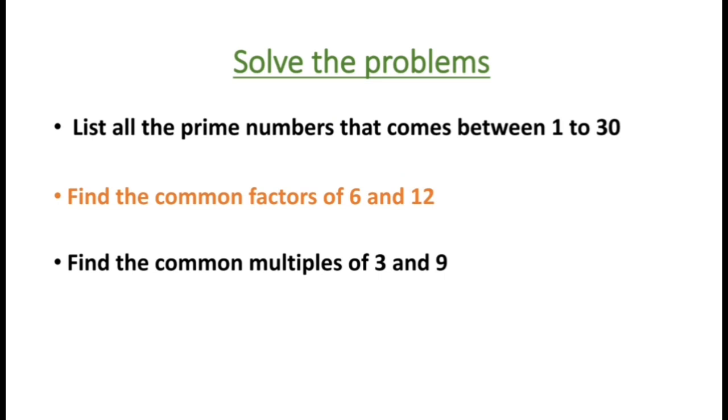In this video, we understood the meaning of prime numbers. 2, 3, 5, 7, 11, 13, etc. are called prime numbers. Why? Because those numbers are divisible only by 1 and itself. That's why they are called prime numbers. Like that, you will get many numbers between 1 to 30.